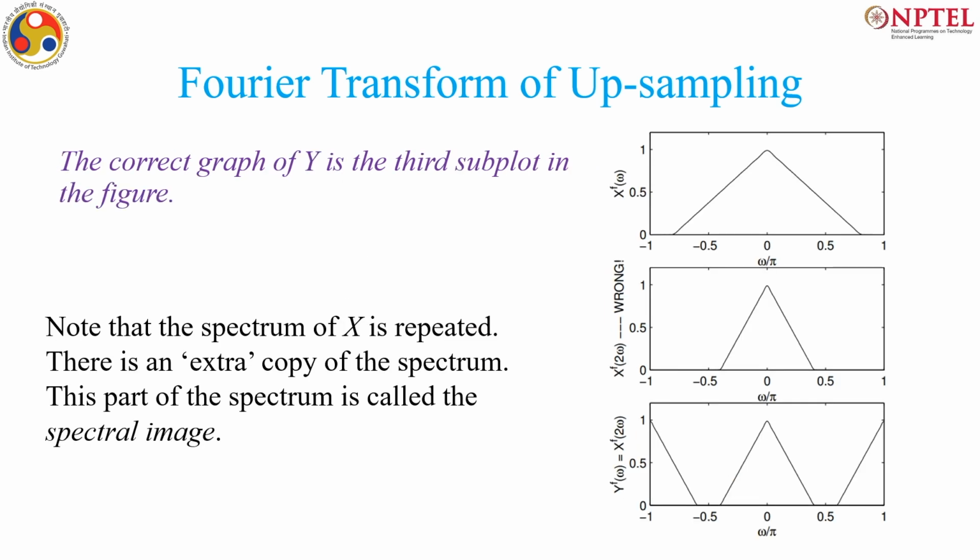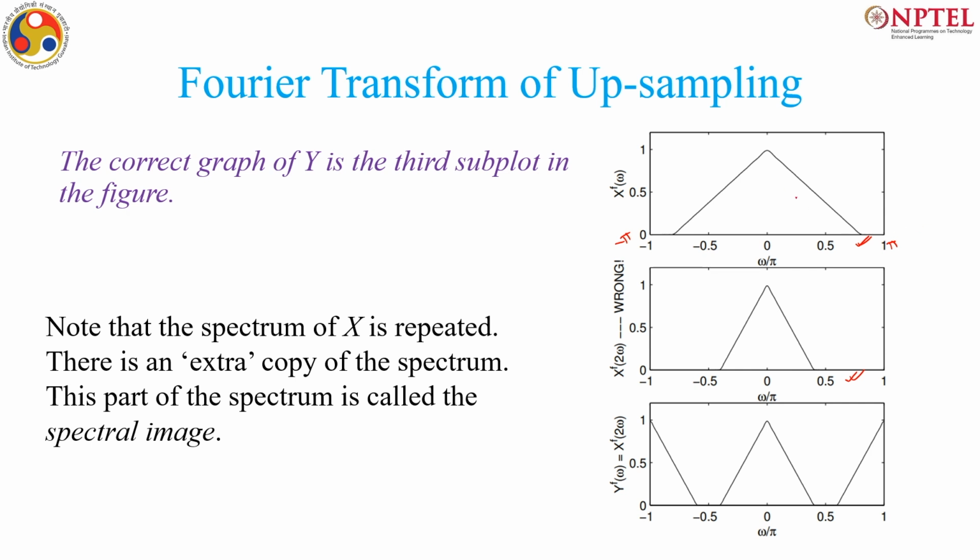Now, this is interesting. You might be tempted to say that if this is my spectra of x, then this should be my spectra of x of 2 omega, and this is my spectra of y, correct? Wrong. Why wrong? See, this is from minus pi to pi, and this is just one period of the infinitely varying frequency.